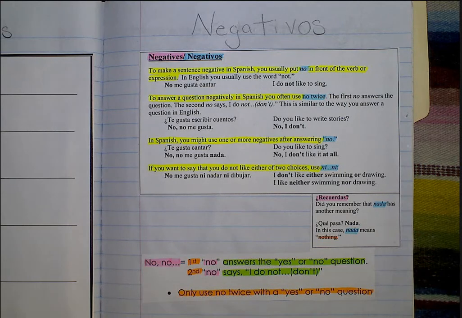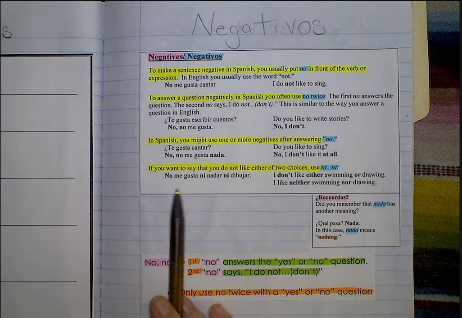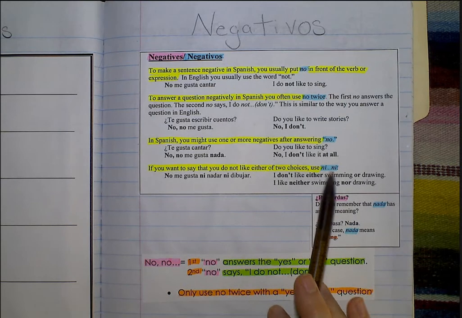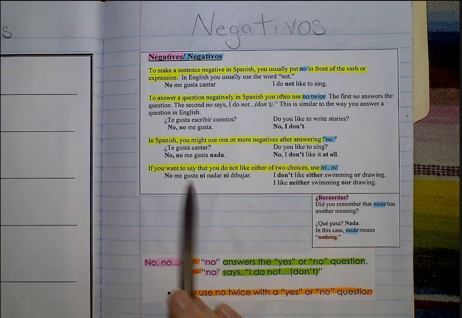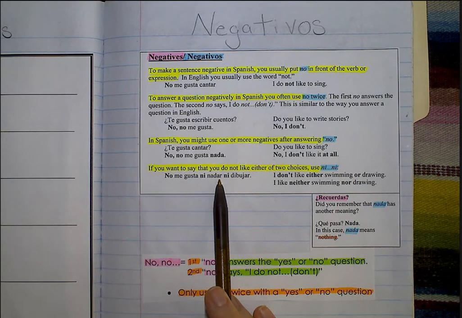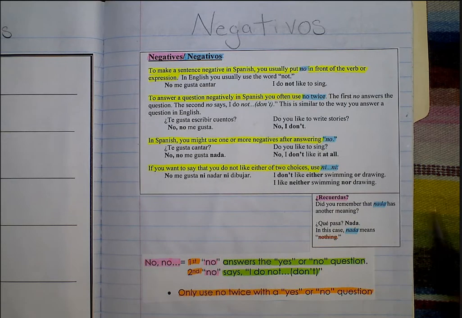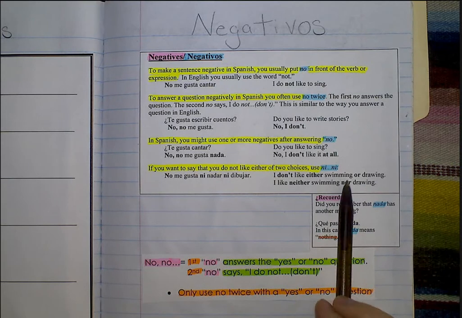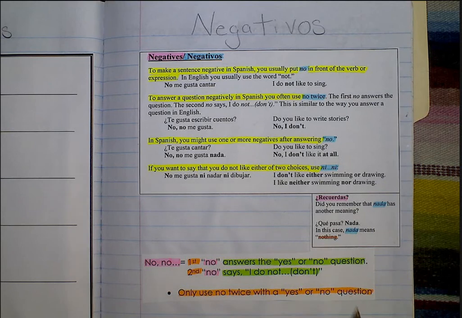You don't like to swim and you don't like to draw. You could use ni, which is neither nor. So, no me gusta ni nadar ni dibujar. And this can be translated two ways. I don't like either swimming or drawing. Or, I like neither swimming nor drawing. So it's neither nor or either or.